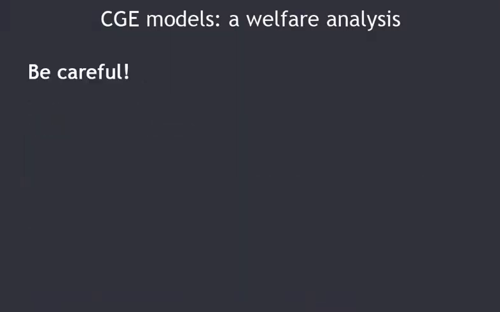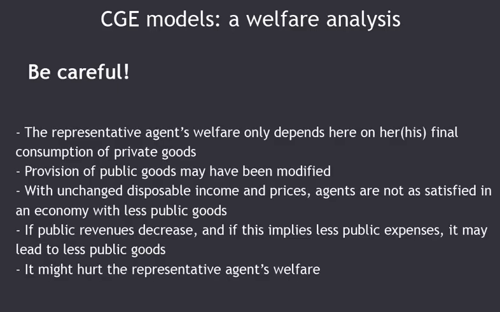I would like to make a few remarks here, and these remarks are indeed very important. The welfare of the representative agent only depends here on her or his final consumption of private goods. However, the provision of public goods may have been modified. And we know that with unchanged disposable income and prices, agents are not as satisfied in an economy with less public goods.